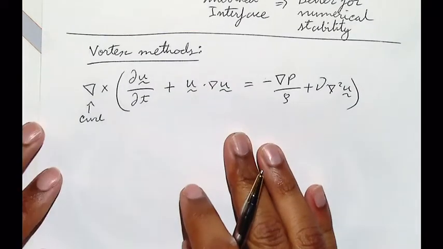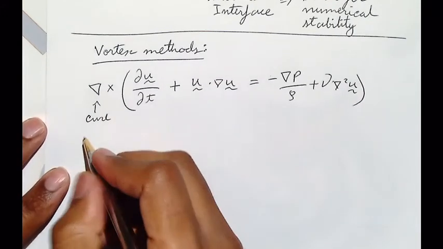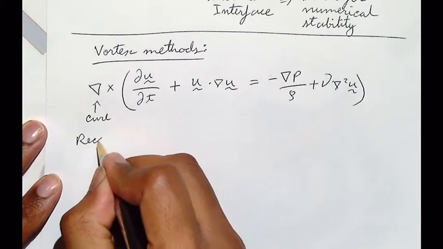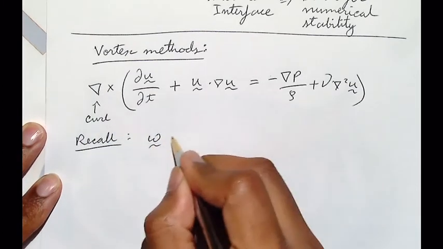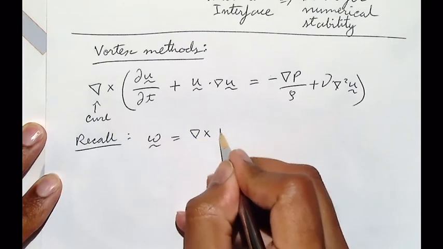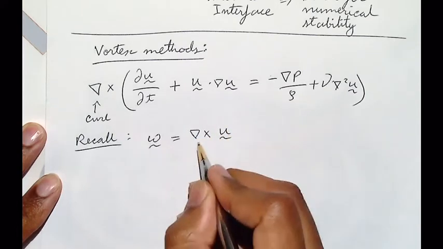And before I go on, let's just recall, what is vorticity? Curl of U. Vorticity is the curl of U, okay? And what is curl of U?